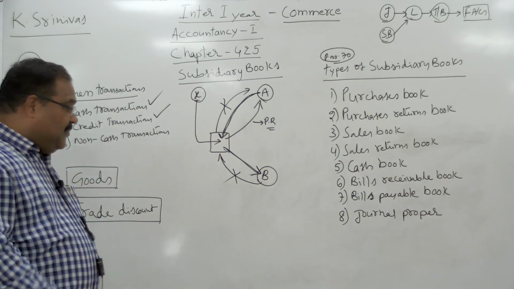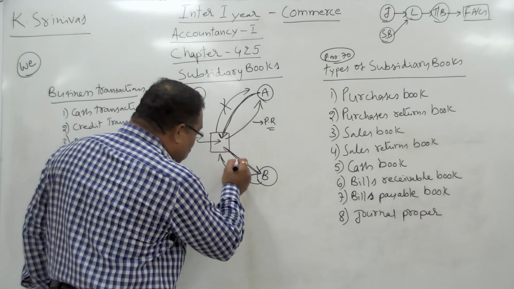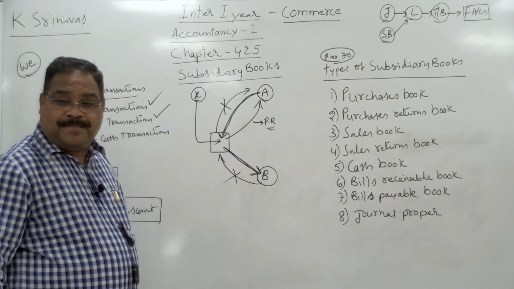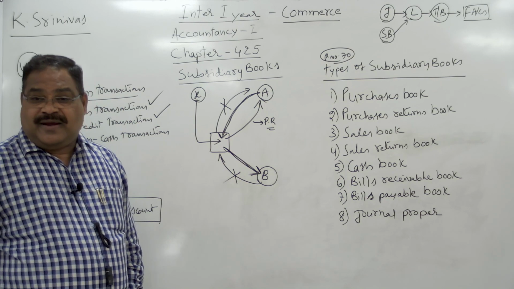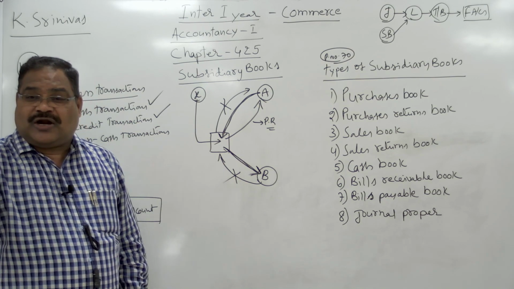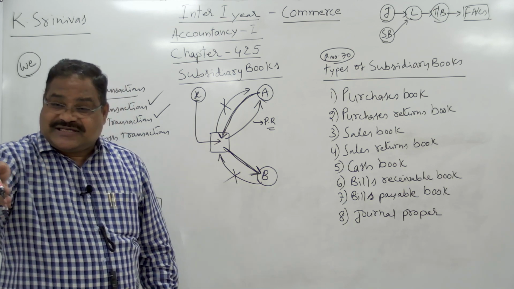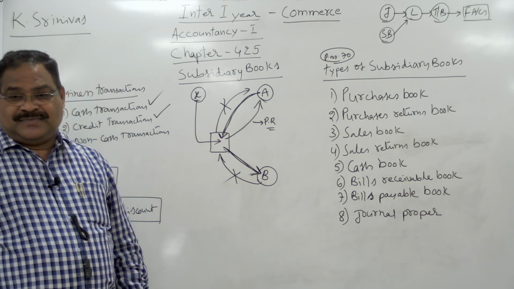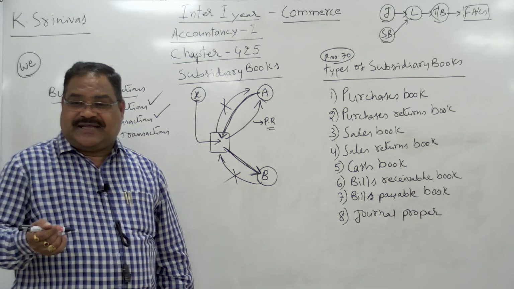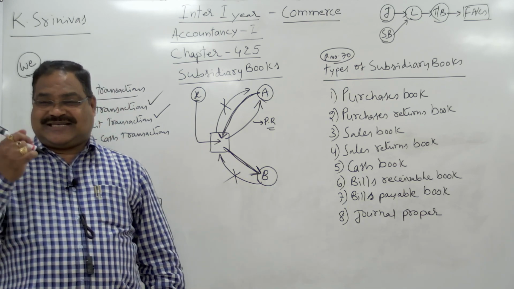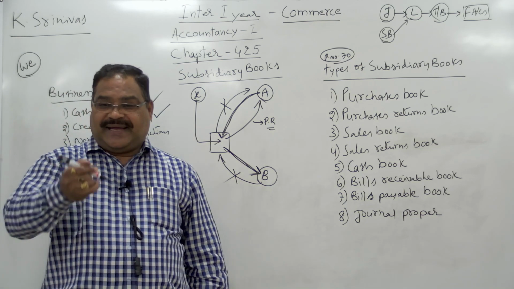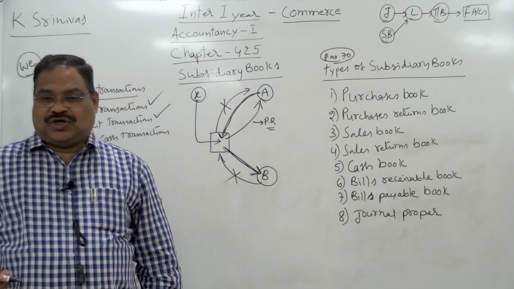At the same time, we sold goods to Mr. B, and Mr. B did not order the goods which we have sent. In this case, he is going to return them. Sometimes it happens in the classroom when the lecturer says that you buy this particular book.